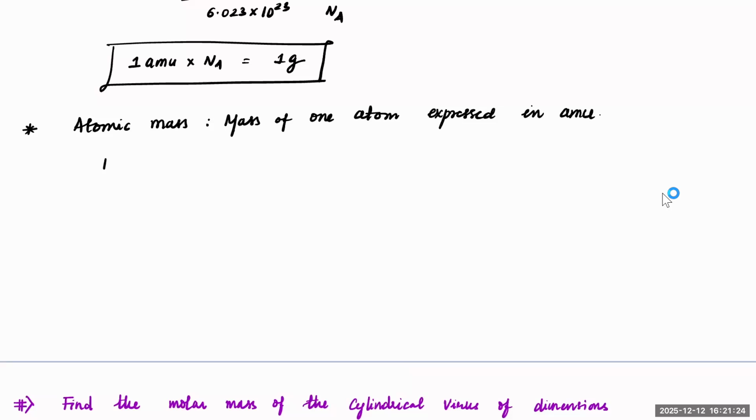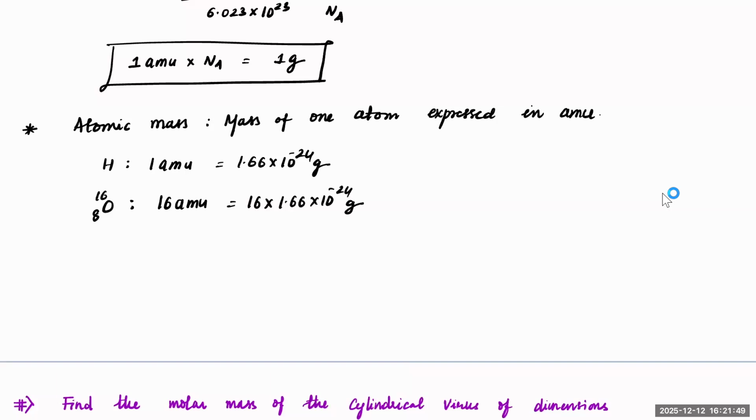Okay, so hydrogen is 1 AMU, which is 1.66 into 10 raised to power of minus 24 grams, while oxygen 16 is a representation, which is 16 AMU, which is 16 times 1.66 into 10 raised to power of minus 24 grams.